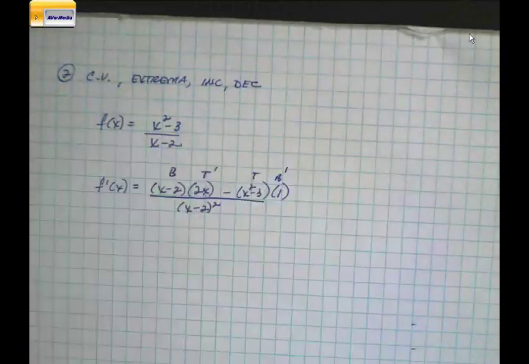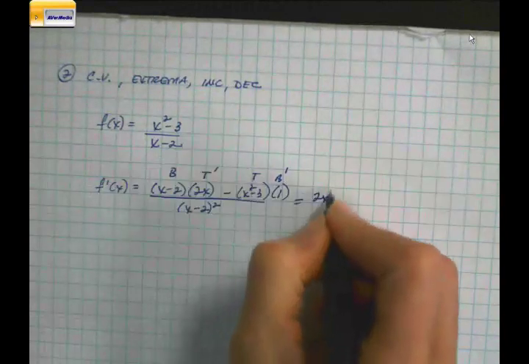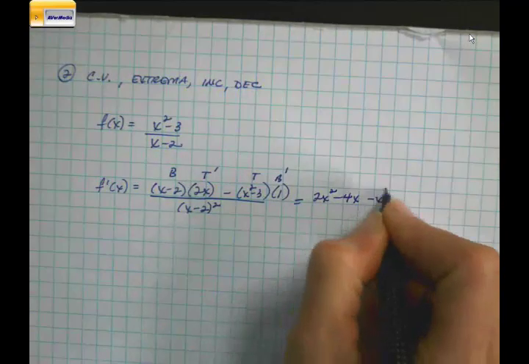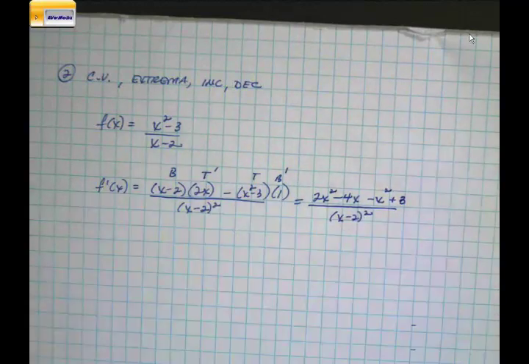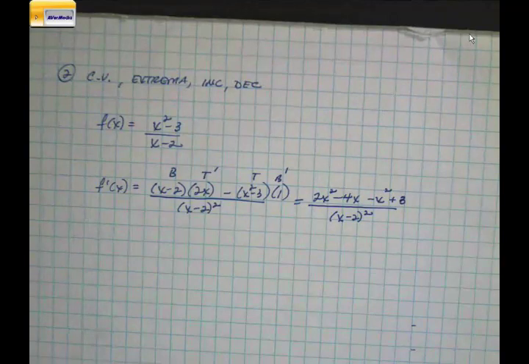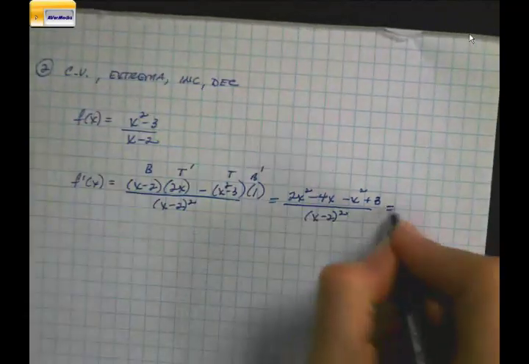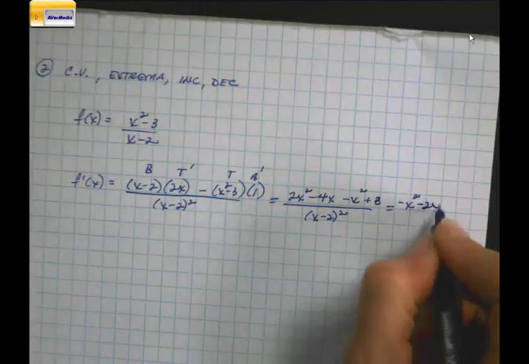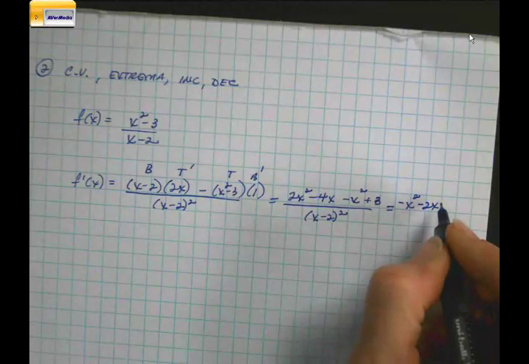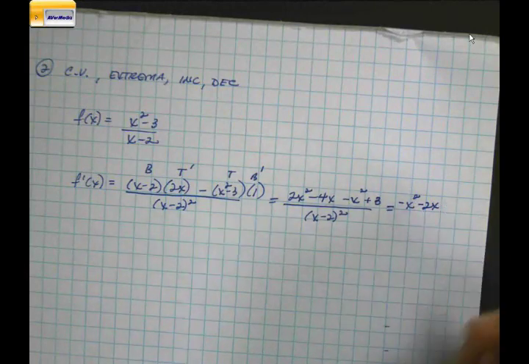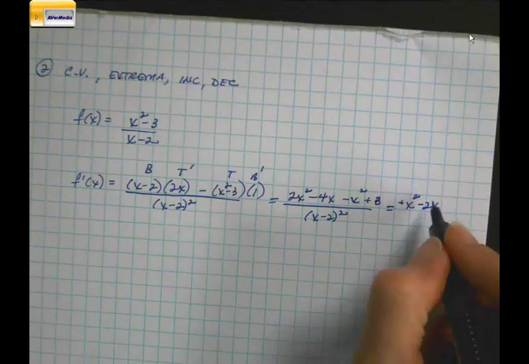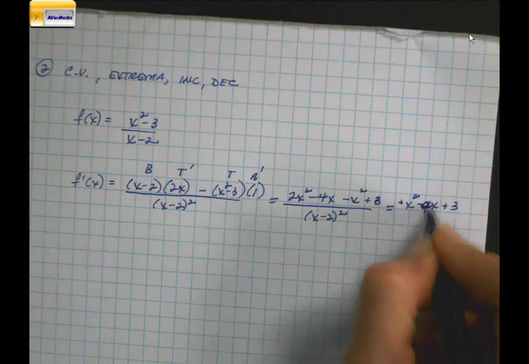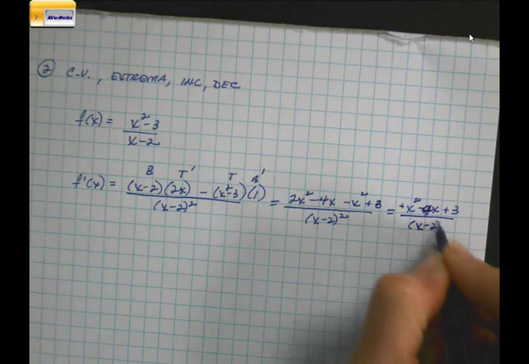So this becomes 2x squared minus 4x minus x squared plus 3 over x minus 2 squared, which equals x squared minus 4x plus 3 all over x minus 2 squared.